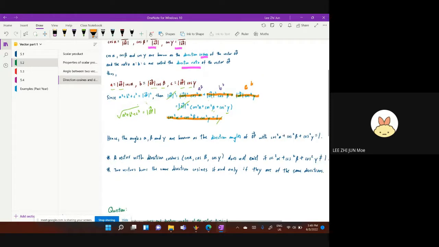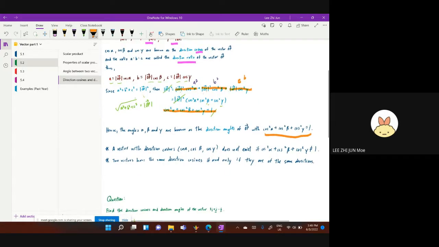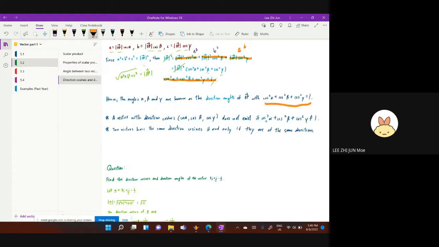Hence, the size of the angles are known as the direction angles of OP. If cos square alpha plus cos square beta plus cos square gamma is not equal to 1, then the vector with those direction cosines does not exist.